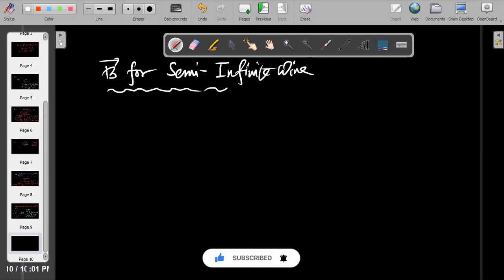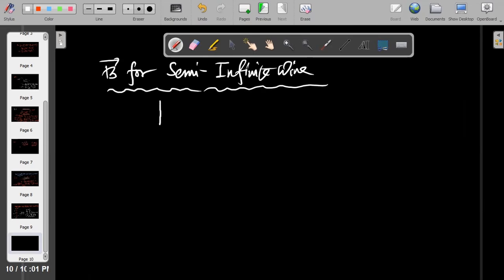How to find out what will be the value? Semi-infinite means this is infinity and there will be some finite length. Let's say this is A, right? It is not from infinity to minus infinity, it is from infinity to a finite point.